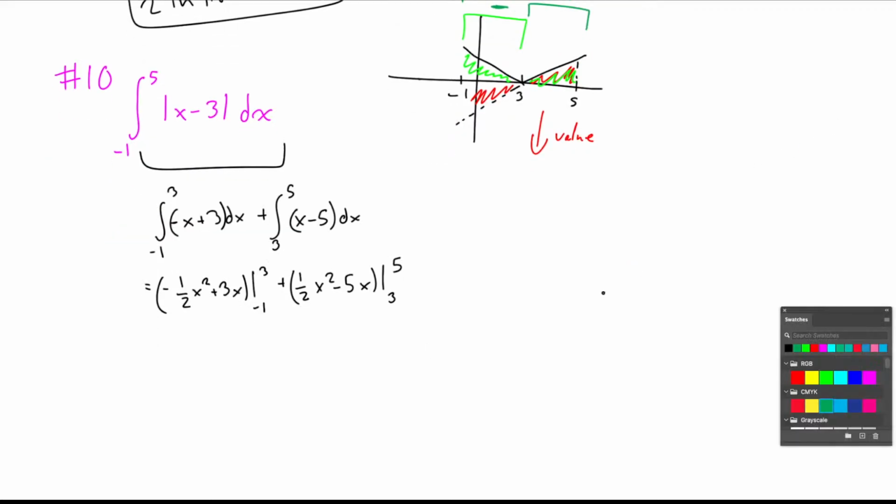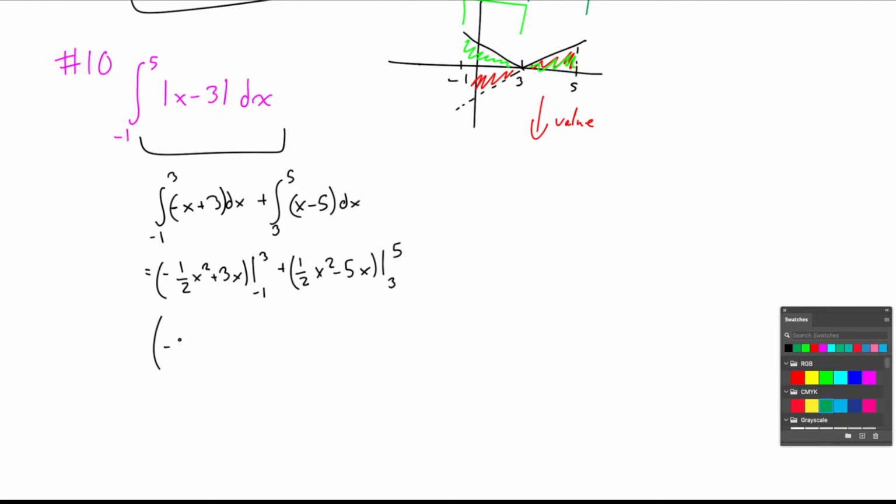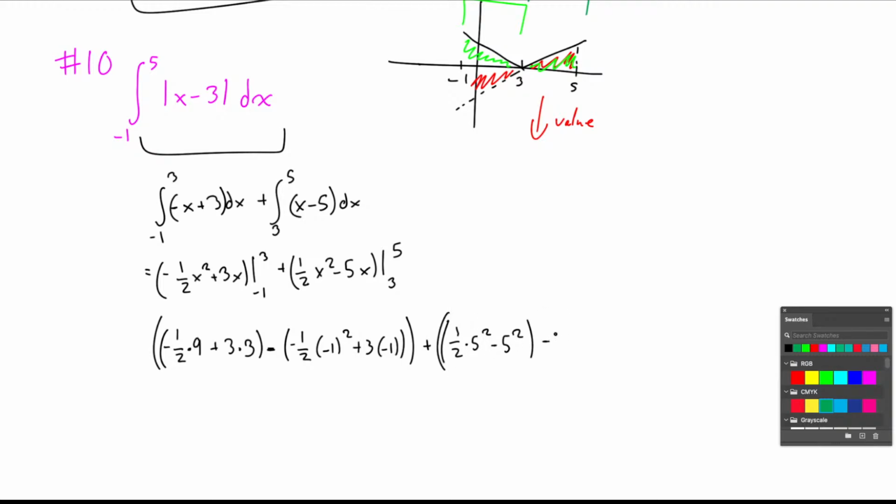Then doing the fun calculus integration thing, we get -1/2 times 9 plus 3 times 3 minus -1/2 times -1 squared plus 3 times negative 1, plus 1/2 5 squared minus 5 squared, minus 1/2 3 squared.